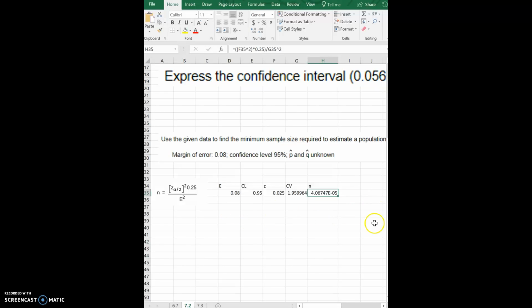If p hat and q hat were known, you would still need all of it, basically, except the 0.25 on top changes. You would multiply by p hat and then by q hat instead of multiplying by 0.25. So that's how you find your maximum number. And that is 7.2.